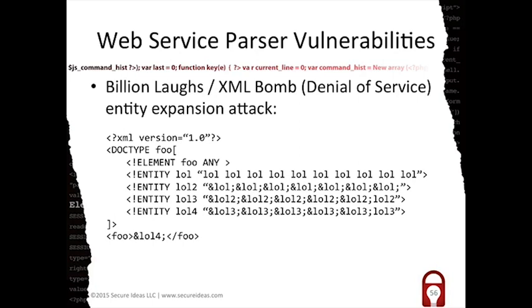This is a smaller example, but using the same pattern, you can take a fairly small amount of input and generate a memory-consuming process through the XML parser. So it just eats up all the RAM trying to expand all of these entities, and basically blows up on the back end. So it's a denial of service type of attack.